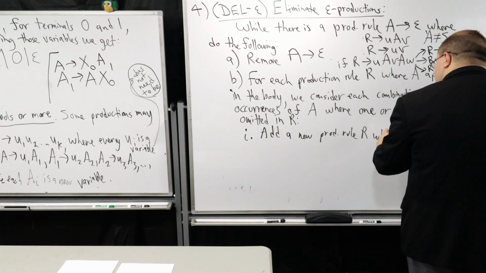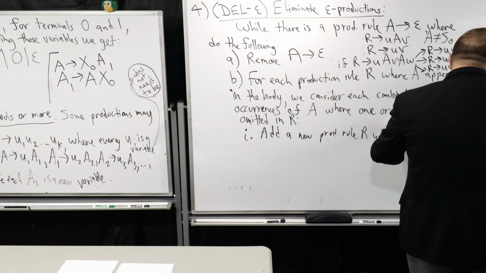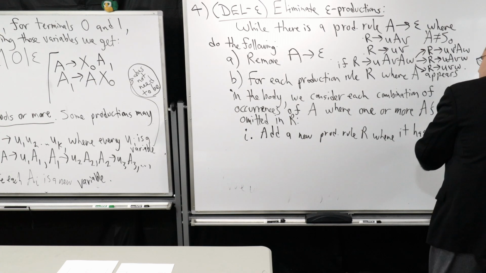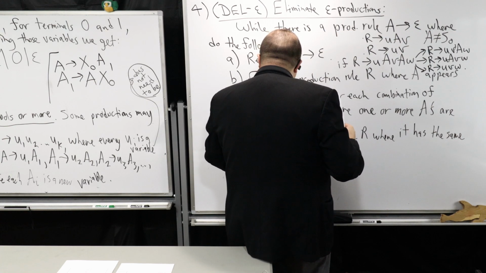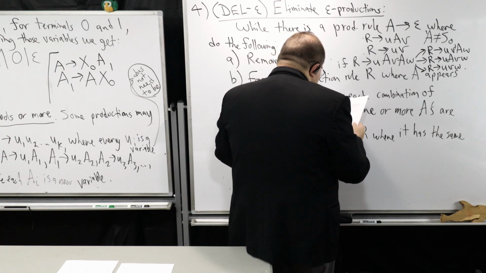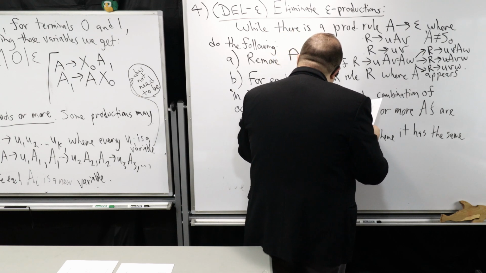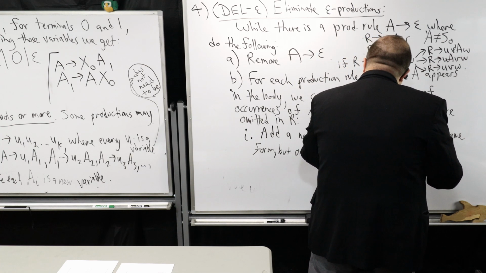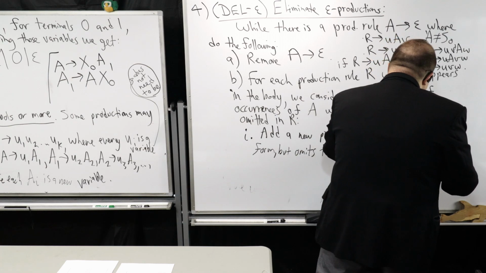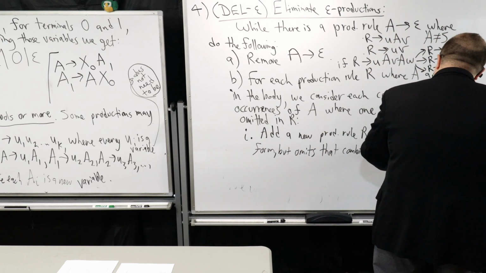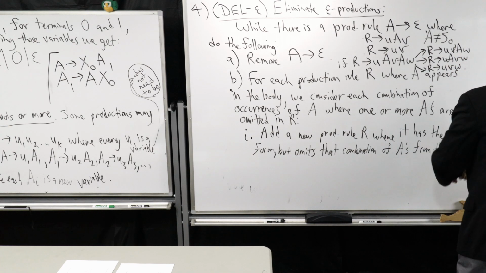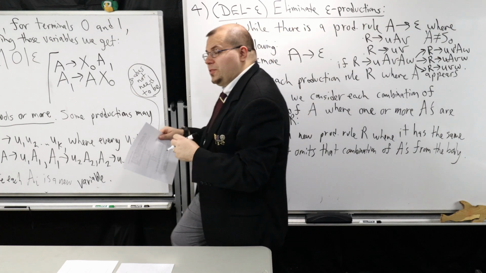Add a new production rule R where it has the same form, but omits that combination of A's from the body. So that's what I did over there, if you're curious.